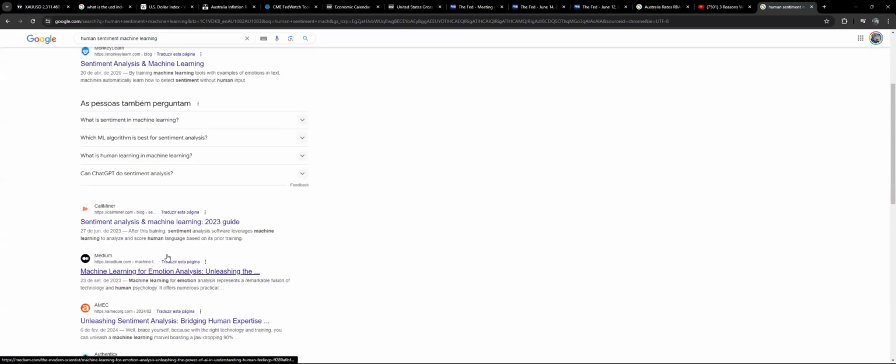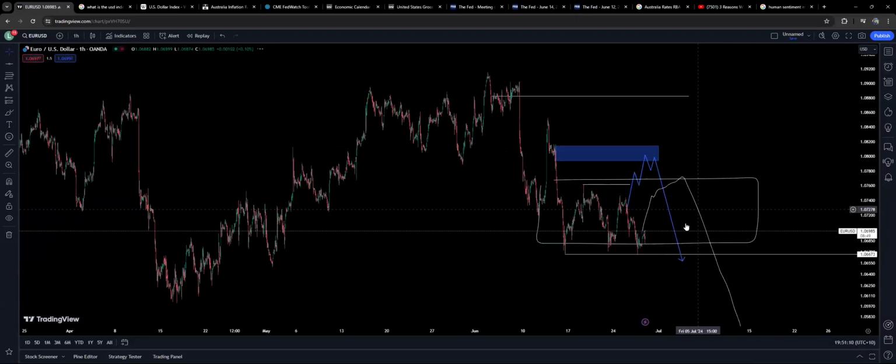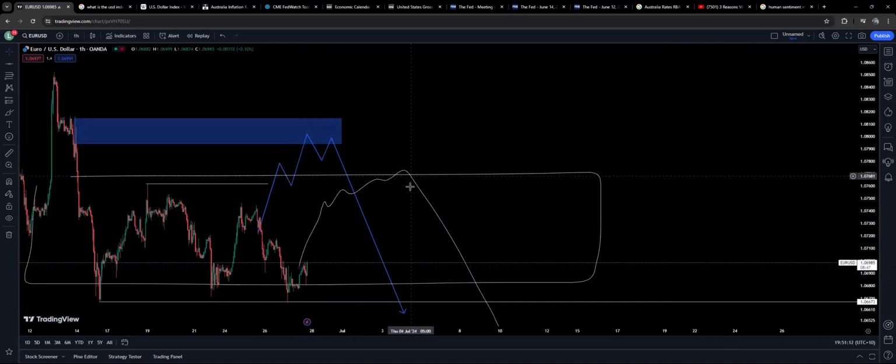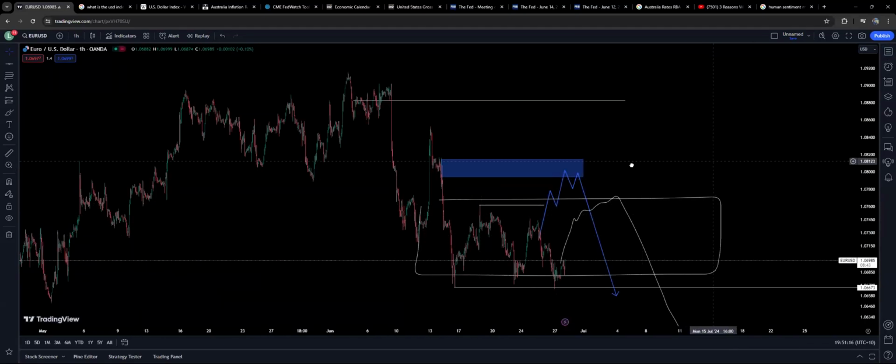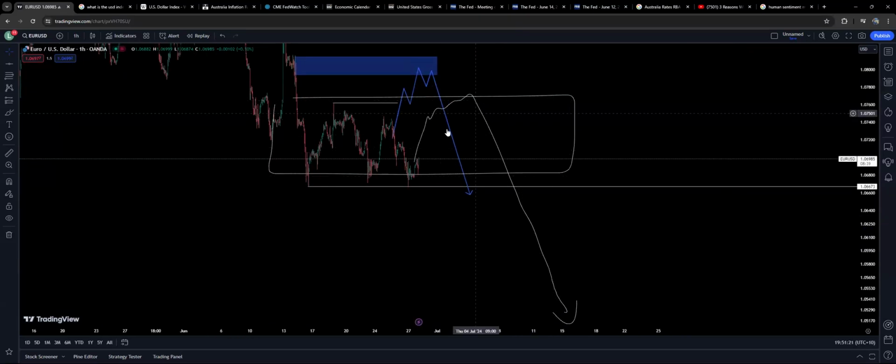Euro-dollar trend isn't likely to change even if the GDP comes out lower, would it? Yeah, but that's exactly what I was talking about, Switz. Because if we look at euro-dollar, there is a possibility for this to come back, as on a range. But then I look at these and I think, okay, that's where it should probably go. And that's my opinion.